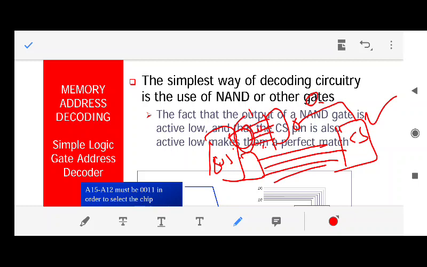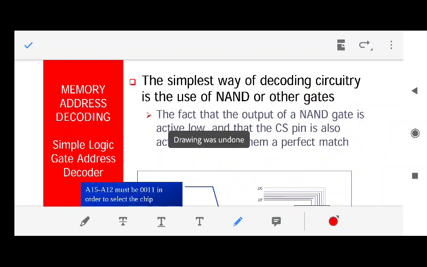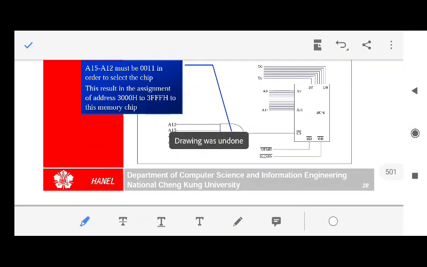Otherwise, if any of the remaining signals is 0, that will make the output 1, and it will not select the chip. So the easiest way of selecting a single chip in your system is to connect a NAND gate to the remaining address lines. This is given in this example also, just see. This is how it is done.